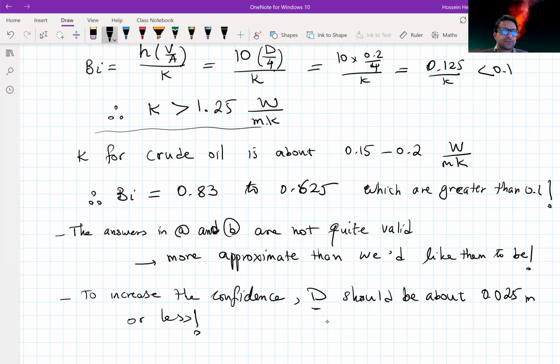Of course, this is not feasible for an already existing pipeline, but if you want to use the lumped capacitance method for an oil pipeline of 20 centimeters with the conditions we've specified here, that's not going to be a valid assumption. Unless, let's say, the heat transfer coefficient of air is less than 10 watt per meter squared Kelvin, then again there is an opportunity for getting a more confident response from the lumped capacitance assumption.